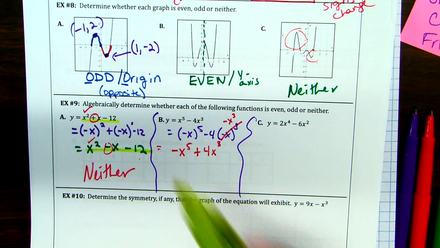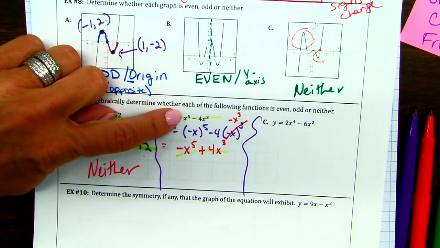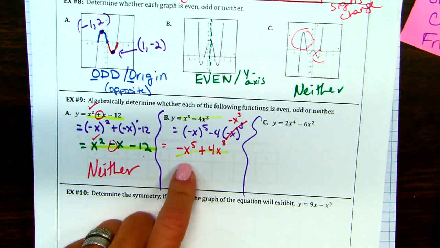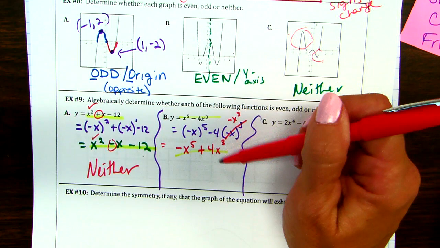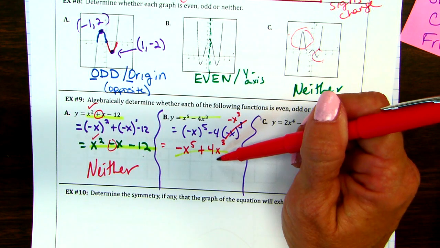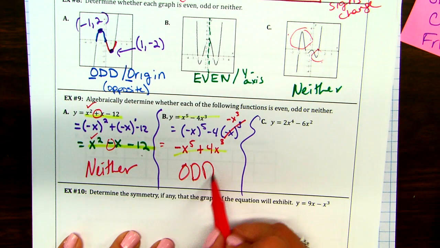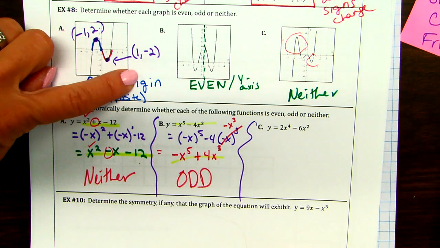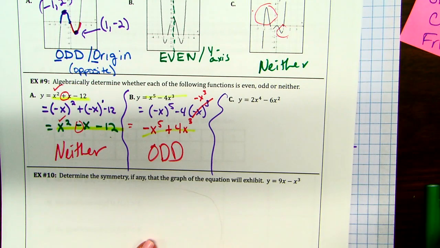So evaluate the original to our new one. X to the 5th, positive. Then it changed to negative. So we have a change, right? Negative to a positive. Change. Both signs changed. Odd. Remember our graph? Negative 1 changed to positive 1. Positive 2 changed to negative 2. And the last one.